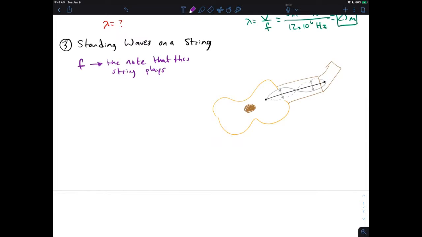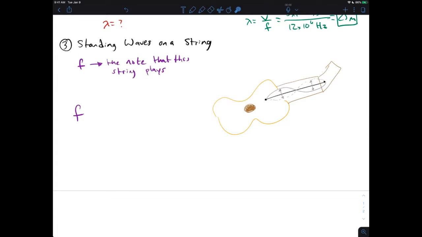We have a formula for this, but I want to build it with you right now. I want to see what the different parts are that affect the frequency, what affects the note that this string plays.